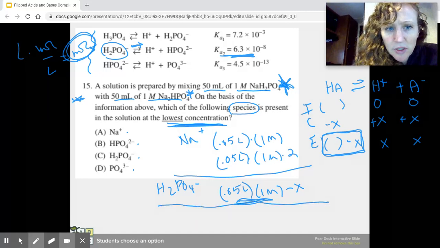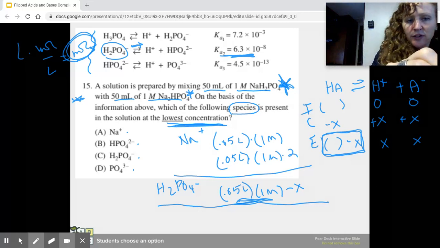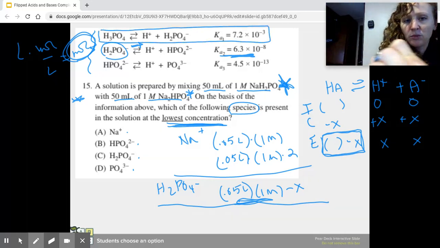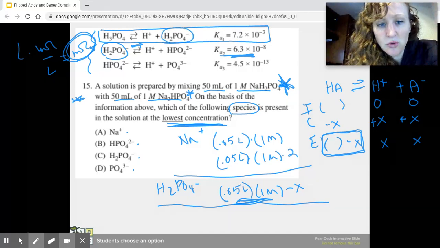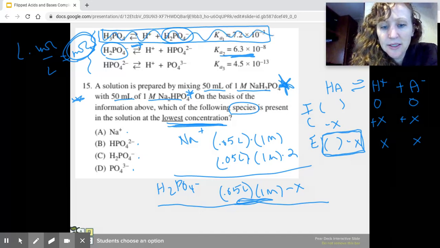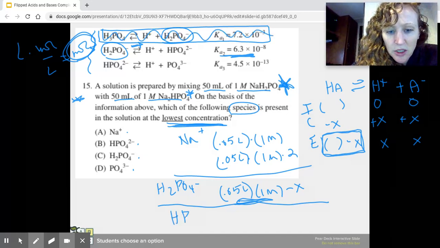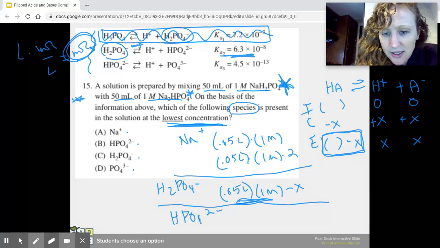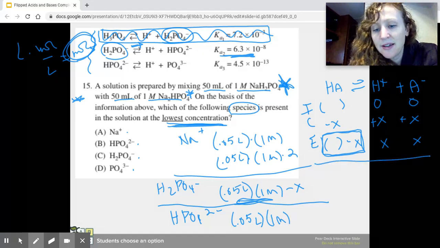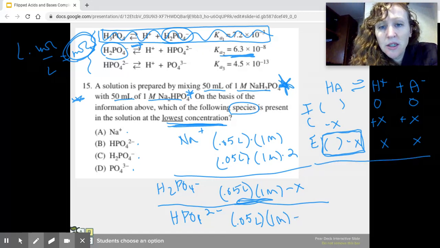Okay. And we don't have any of this first reaction. We don't have any H3PO4. That could be another source of H2PO4 for us, but we don't have any H3PO4, so we can kind of ignore that. All right, HPO4 2 minus, same concentration, same molarity. Now, again, we're going to be minus a change here.